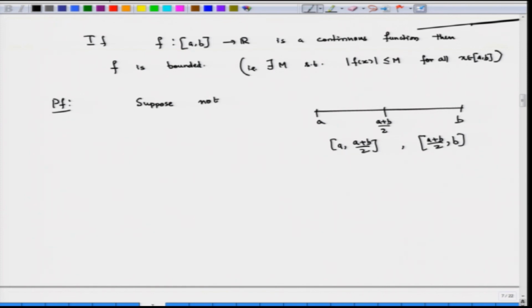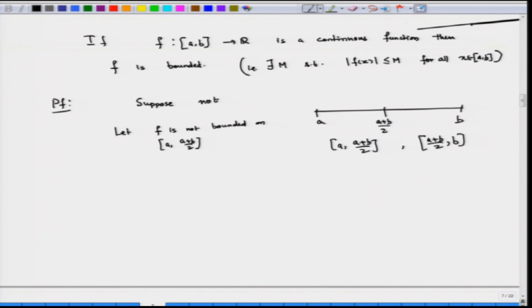So, f is not bounded means at least in one of the sub intervals f is not bounded. We can assume f is not bounded on [a, (a+b)/2].